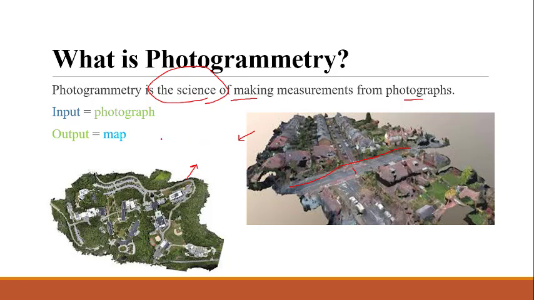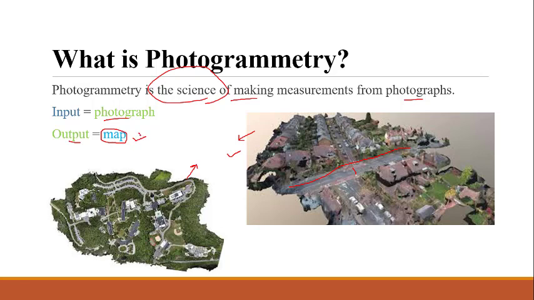So in photogrammetry, input is a photograph and output is a map. We give a photograph as an input, and this photograph gives us information which is known as a map.